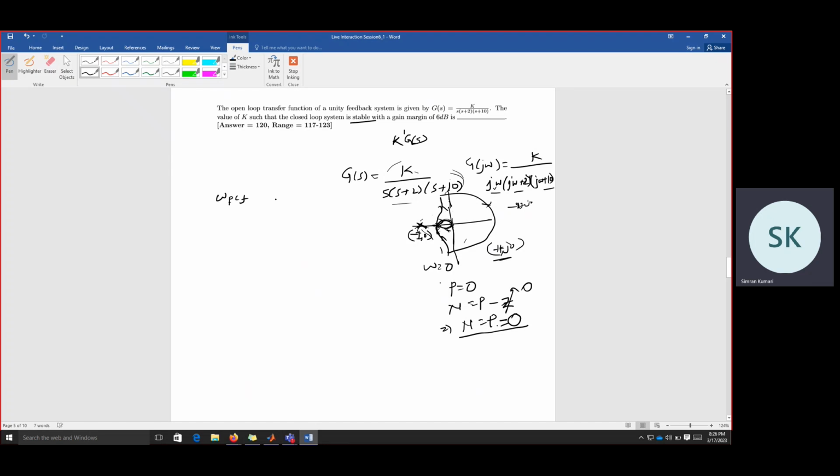At the phase crossover frequency, what is the angle of G(j omega)? This is minus pi, or minus 180 degrees.